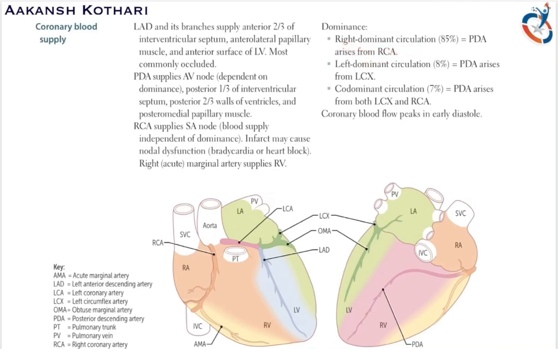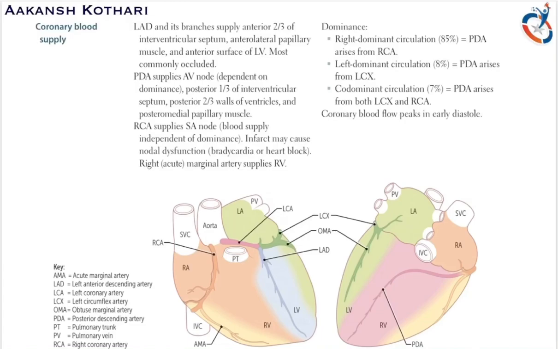Now, if the posterior descending artery comes from the left circumflex artery, it is called left dominant circulation, which is seen in 8% of the patients. If these two arteries, that is the left circumflex artery and the right coronary artery, join together and form the posterior descending artery, it is called codominant circulation, which is seen in 7% of the individuals.